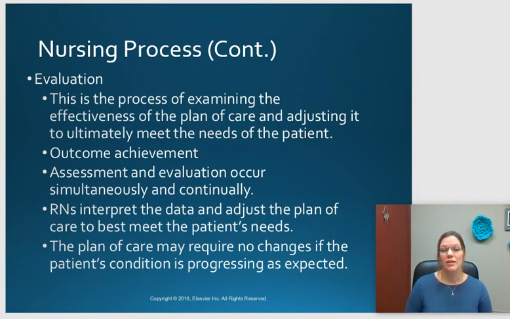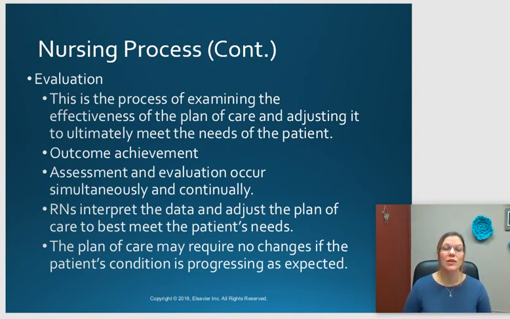So this whole nursing process is not strictly cyclical, like a circle-shaped cycle. That's not what's happening. It's a dynamic process, and it requires the nurse to use critical thinking skills to determine when to switch from one part of the nursing process to another one.